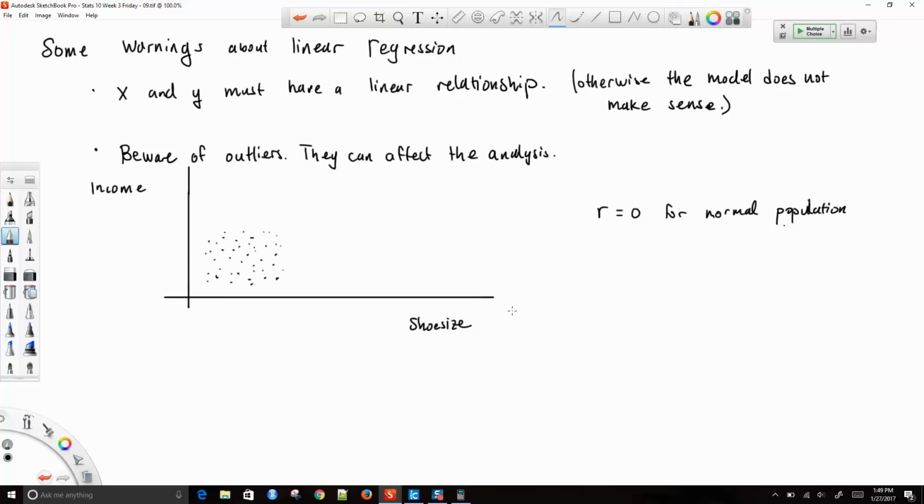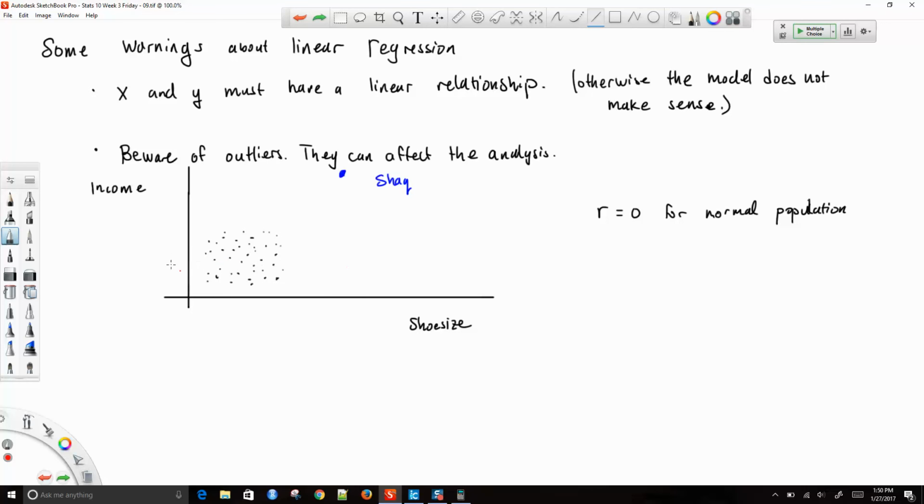What if in your sample you ended up getting Shaquille O'Neal? Shaquille O'Neal has huge feet and he has a very high income. So he's going to be an outlier, like right here. This is Shaq. The original trend line should show this flat line, no relationship.